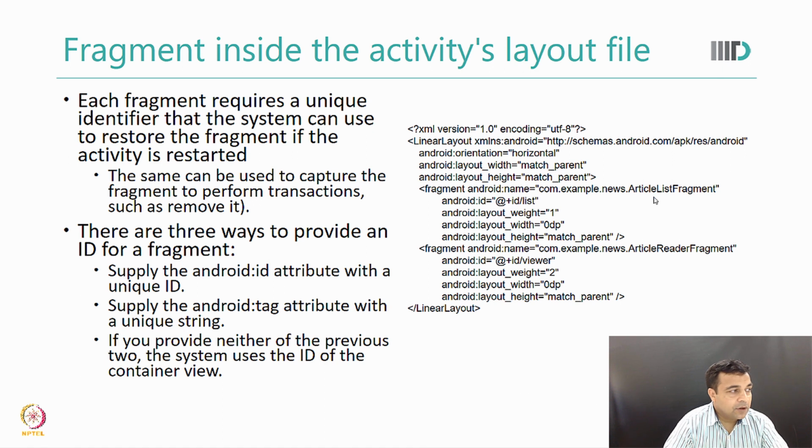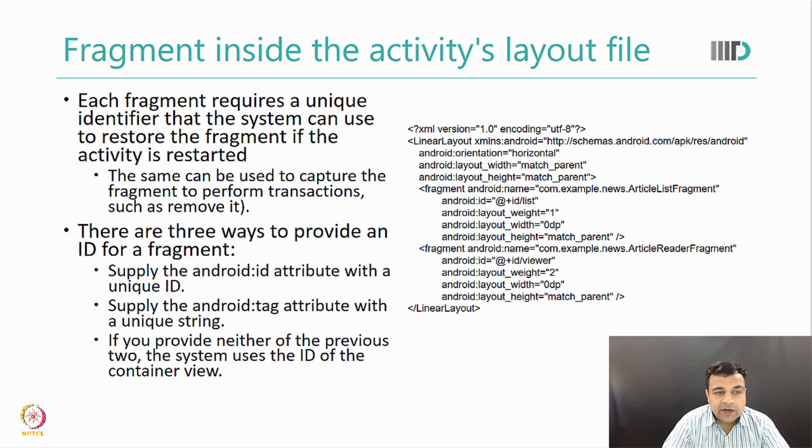Now each fragment that you add requires a unique identifier that the system can use. As you will see, because we are using our fragments dynamically in the program, we need an identifier to refer to them.